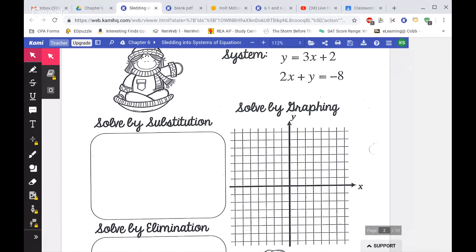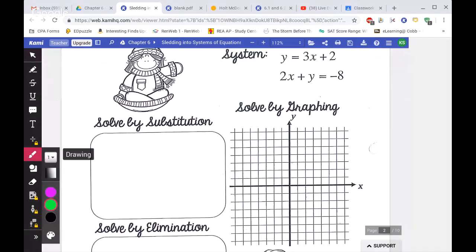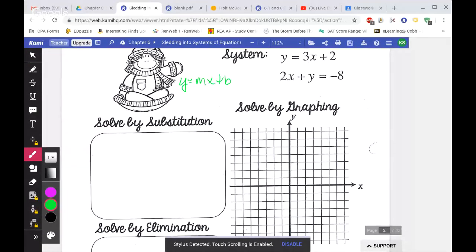So for graphing, you could write down, has to be in slope intercept form, y equals mx plus b, and then you graph the b, which is the y-intercept, and you use the slope to find the other points.